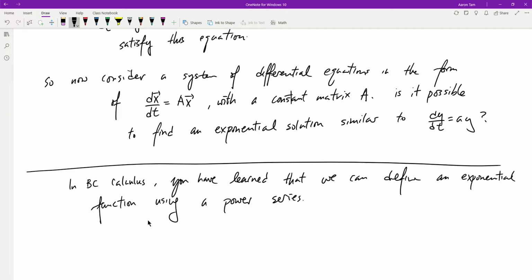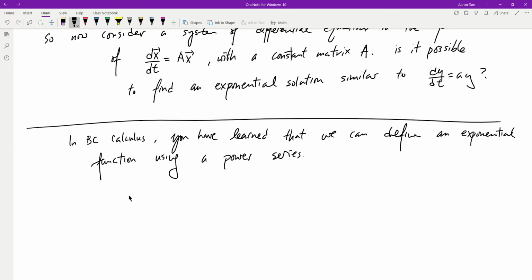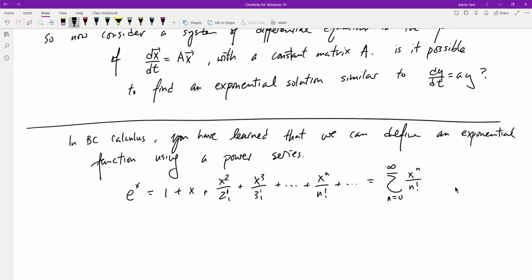As a matter of fact, the exponential function can be defined as e to x is equal to 1 plus x plus x squared over 2 factorial plus x to the third over 3 factorial plus dot dot dot plus x to the n over n factorial plus dot dot dot. And so we can think of it as an infinite summation, or sometimes I write it this way.